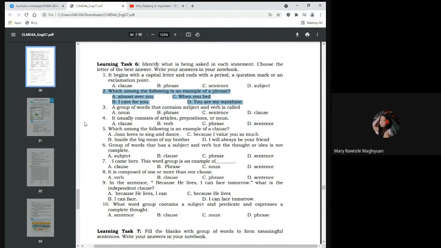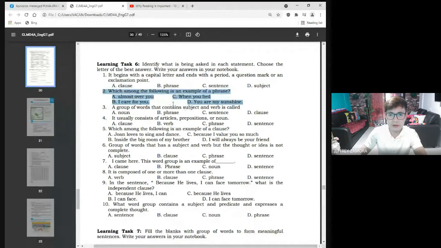Which among the following is an example of a phrase? Okay, a phrase. The correct answer here is letter A, almost over you. Do you think the you is the subject? What about the verb? None, right? So that's why it is a phrase.